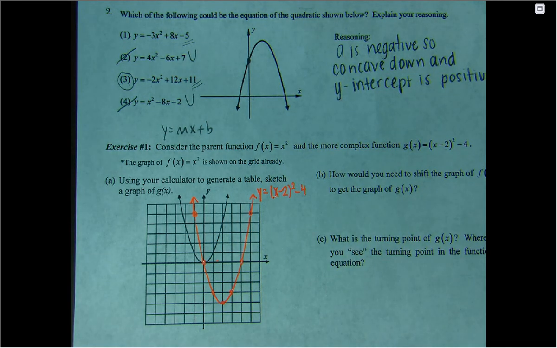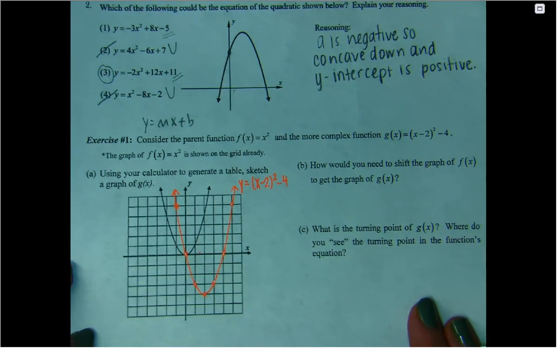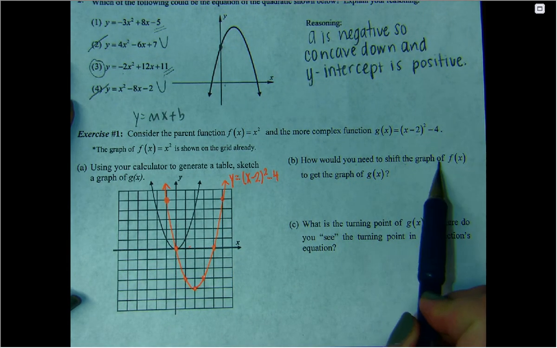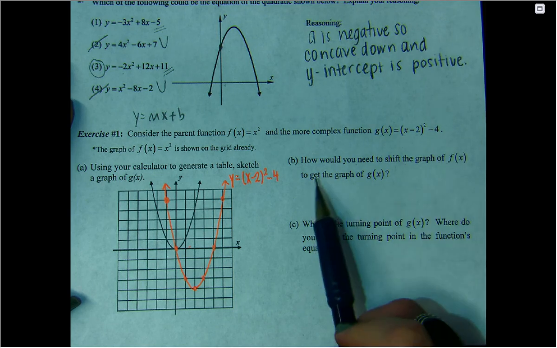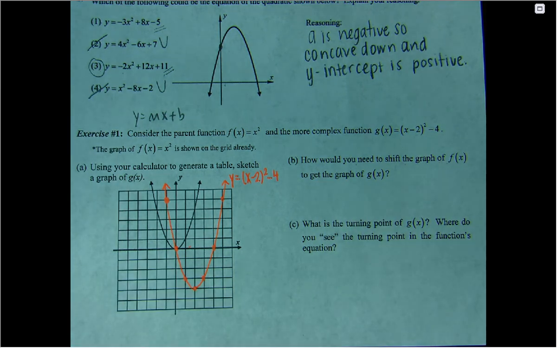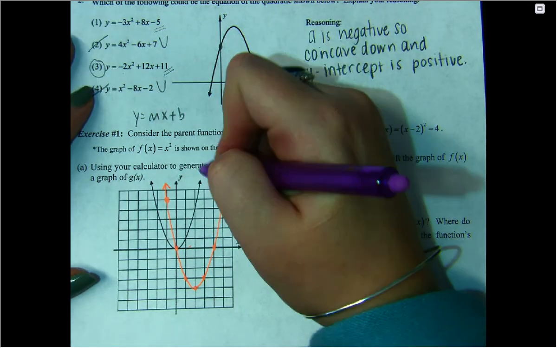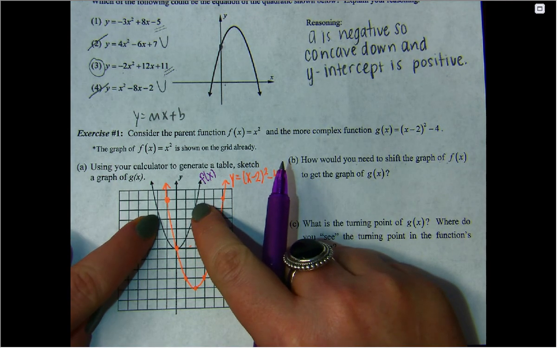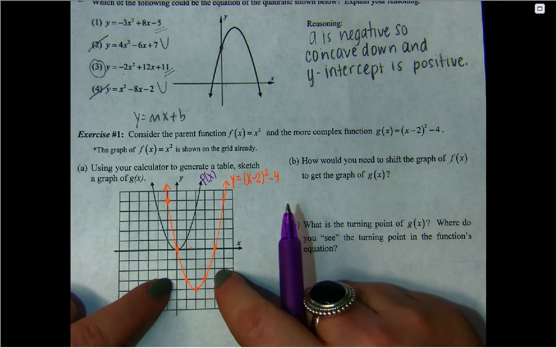We're good to go. Now, what does our question ask? It says, how would you need to shift the graph of f of x to get the graph of g of x? In other words, how would I have to move this graph right here, f of x, so it would lay right on top of this?